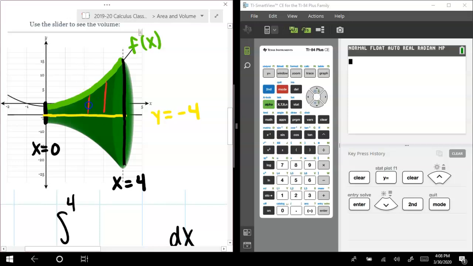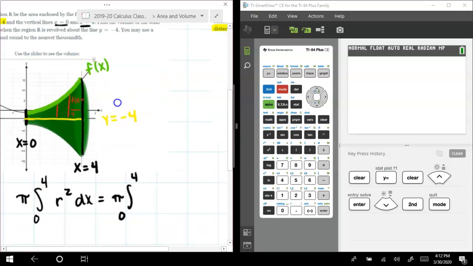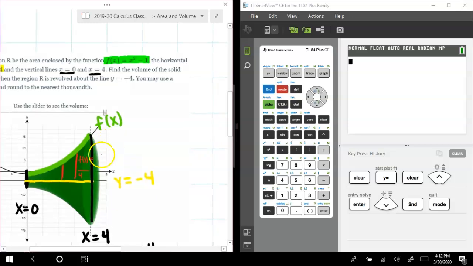Well, at any given moment, that height is going to be 4 units to get up to 0, and then f of x. The function f of x is equal to x squared minus 1.